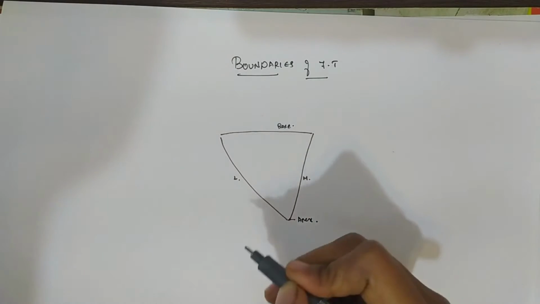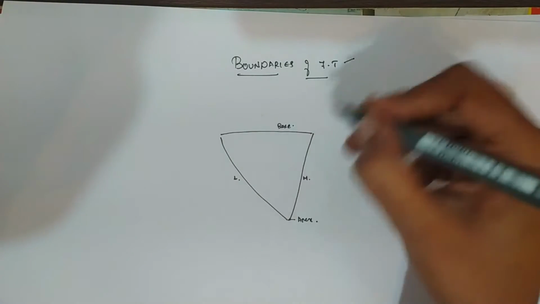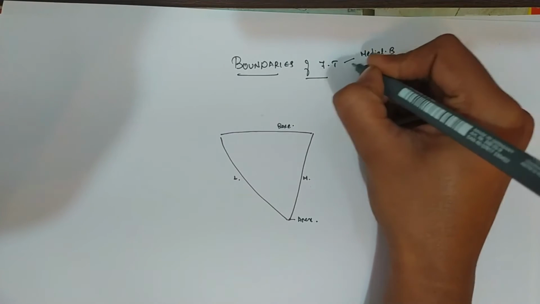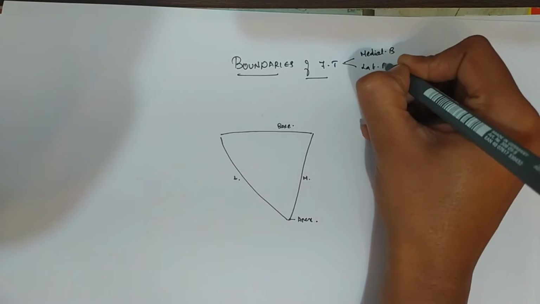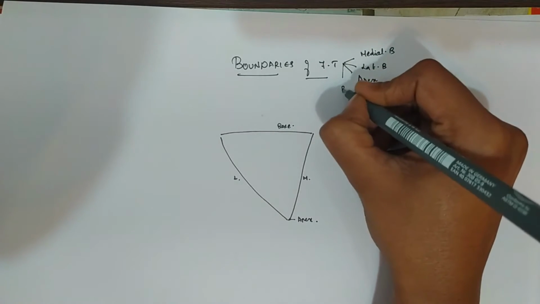So about these four boundaries we are going to deal first: the medial border, lateral border, apex and base.